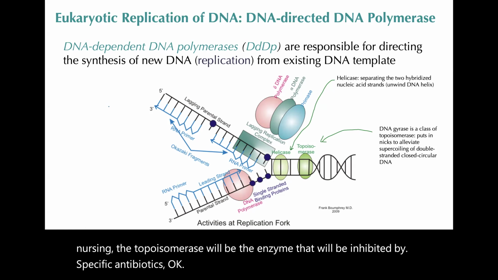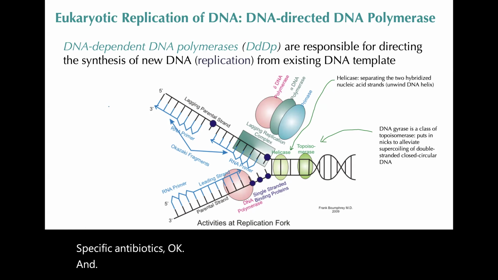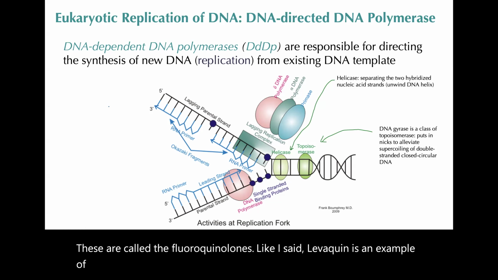Okay. And these are called the fluoroquinolones. Like I said, levaquin is an example of that, levofloxacin, and they're crucial for inhibiting topoisomerases in bacteria.